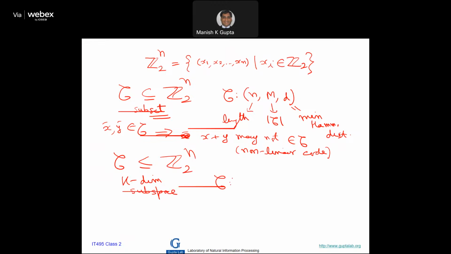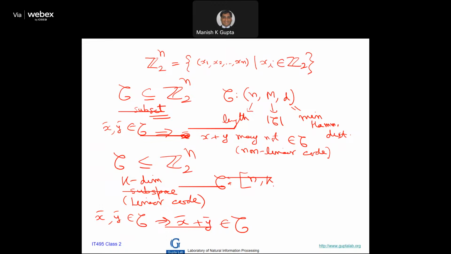Linear means that if x and y belong to C, this implies that x plus y also belongs to C. If we take 2 vectors, their sum will also be in C. And there we denote it by n, k, d. n is the length, k is known as the dimension, and d is the minimum Hamming distance. Okay. So these are some basic notations.